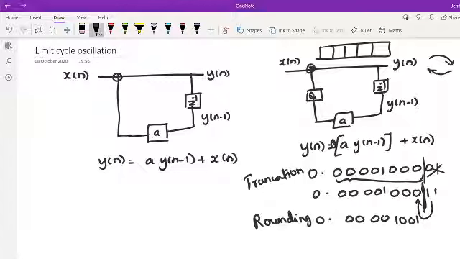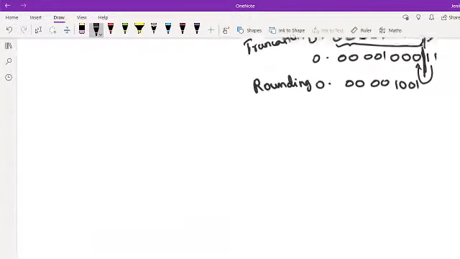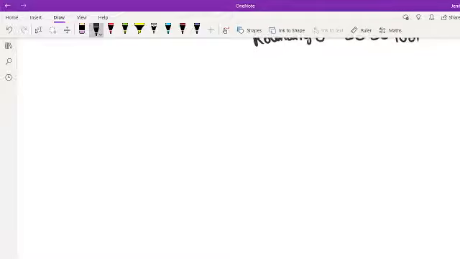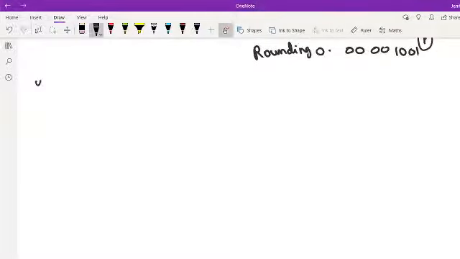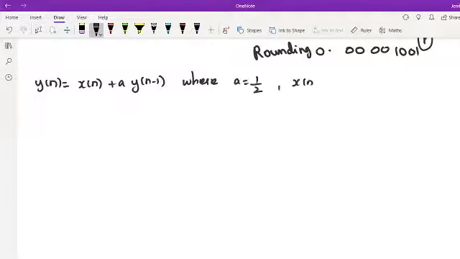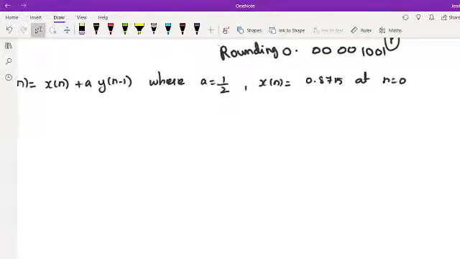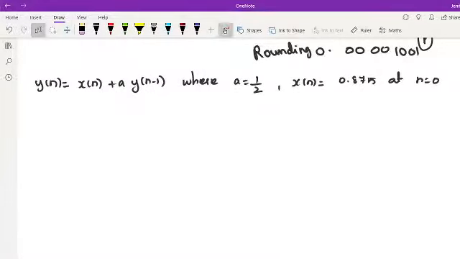So I'll select one example. Let y of n is equal to x of n plus a y of n minus 1, where a is equal to 1 by 2, and x of n is equal to 0.875 at n is equal to 0, and 0 otherwise.